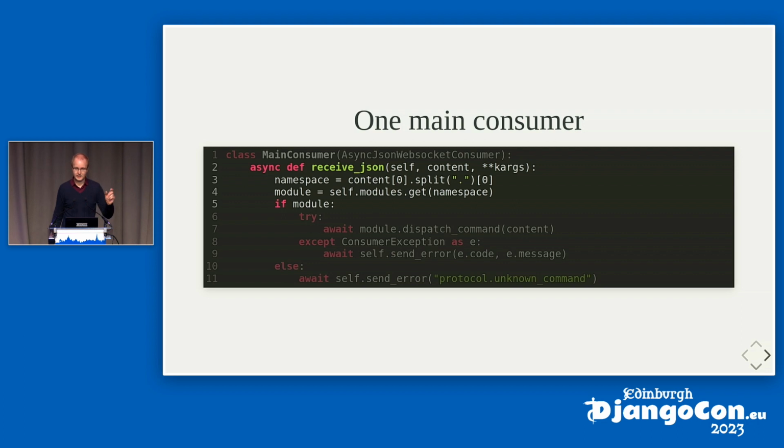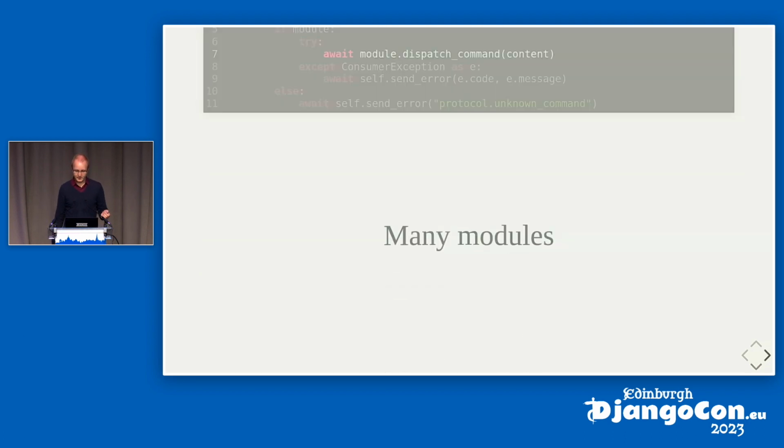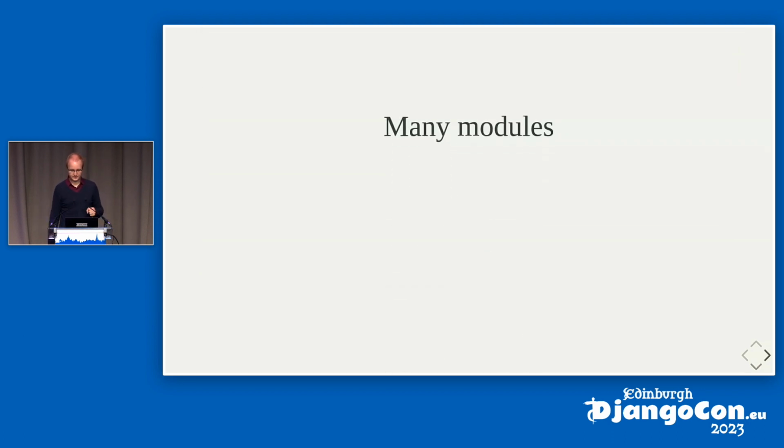It splits the name of the command at the first dot, and everything before the first dot is what we call a module, which is something defined by us in this architecture, and then it calls a function on the class associated with that module name. So we don't have many consumers, we have many modules.